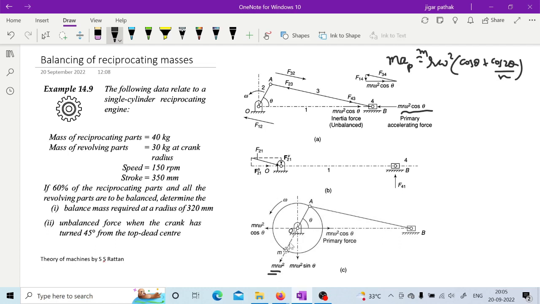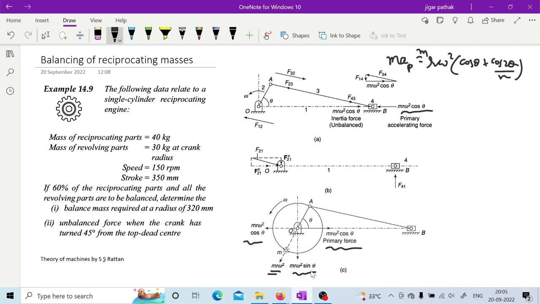When you add that mass over the crank pin to balance the primary force m r omega square cos theta, you can balance it with the component m r omega square cos theta. But in doing so, there will be one more vertical component, m r omega square sin theta, and it is not going to be balanced.